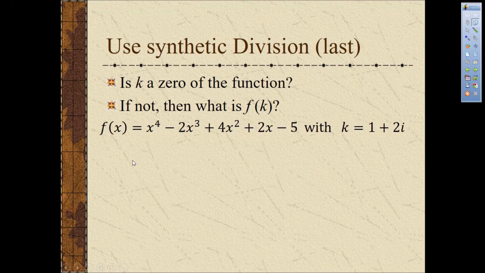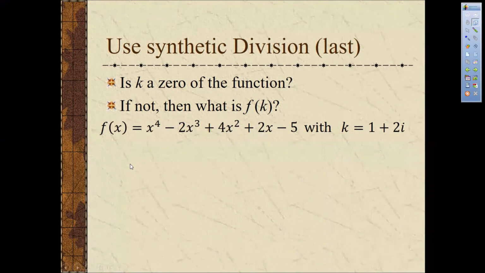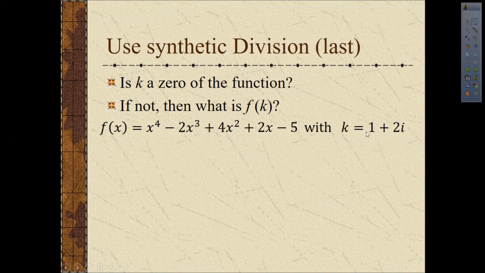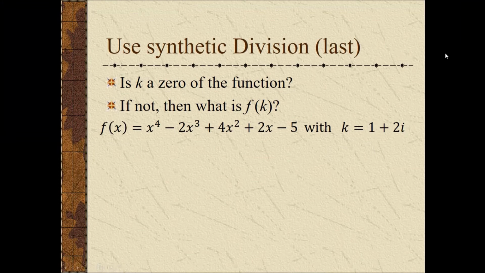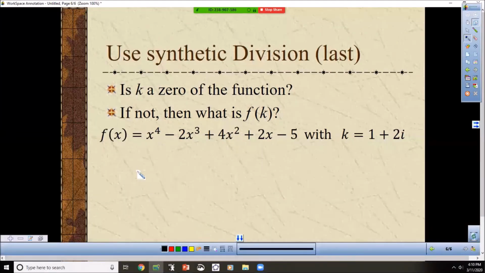Same two questions. Is the k value they gave us a zero of the function? If not, then what is f of k? Oh, and look at the value of k they gave me here. It's not even a whole number, integer, anything. It's an imaginary or complex number. Well, it turns out we can still do synthetic division with complex numbers.